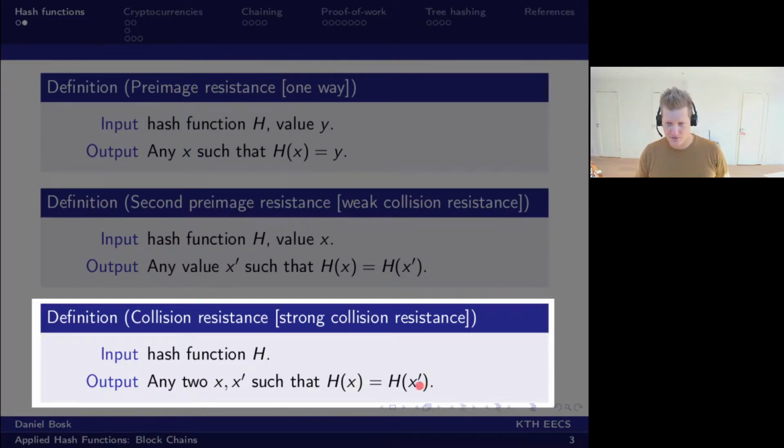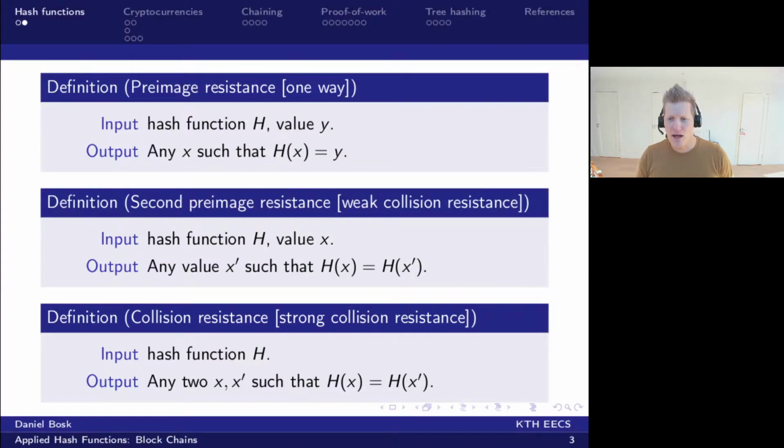They shouldn't be equal, of course. So two different x and x prime. And if we can find any one of these, then we say that we find a collision. So if h is collision resistant, then finding x and x prime is very hard. So that's a secure cryptographic hash function. It has these properties.